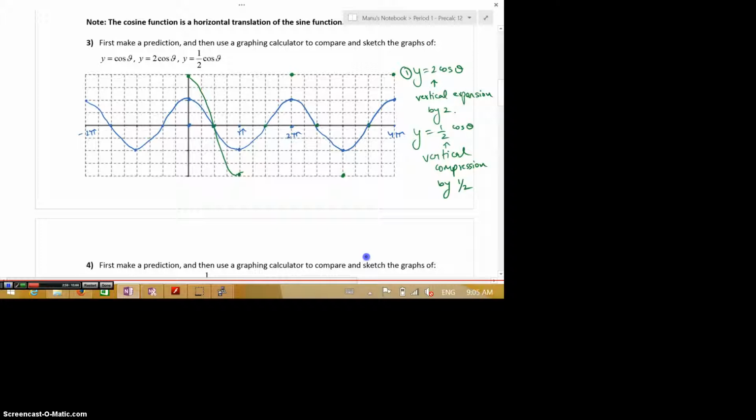Okay, it got stretched vertically by a scale factor of 2. Similarly along this side. So that was our first graph, y equals 2 cosine theta.